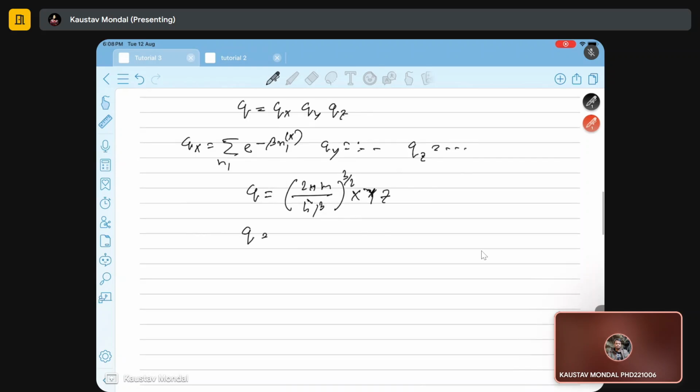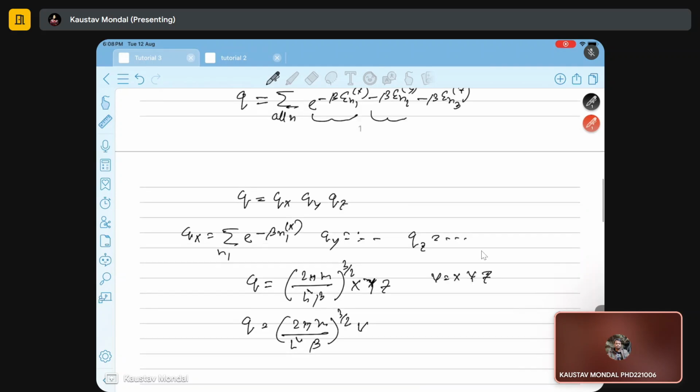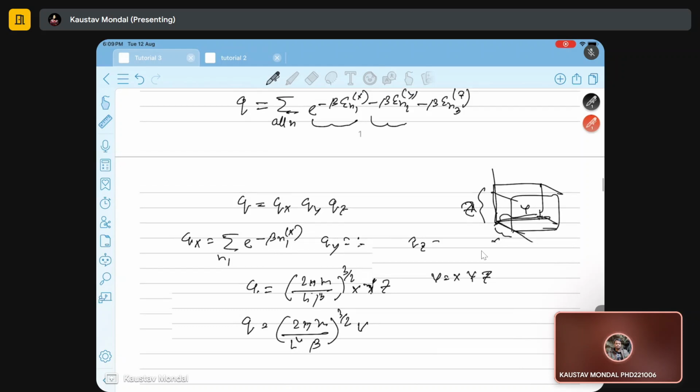Now this x y z would be the volume V. So V would be x into y into z. Right. So this is the volume of a box. Okay. So this is it.